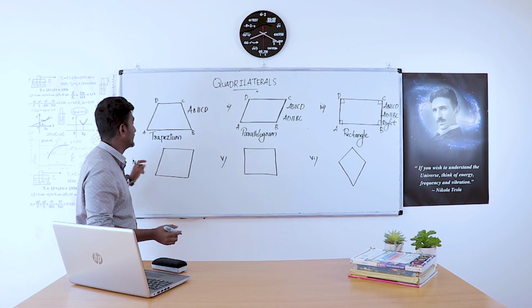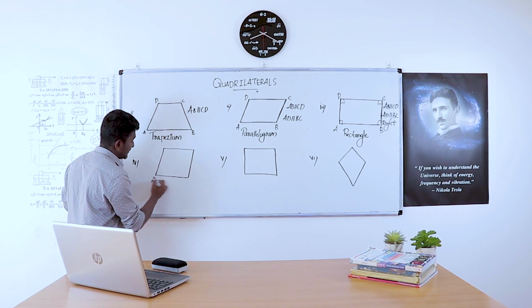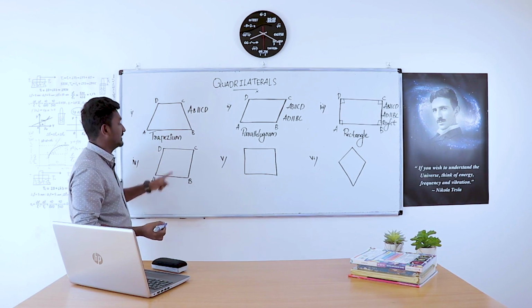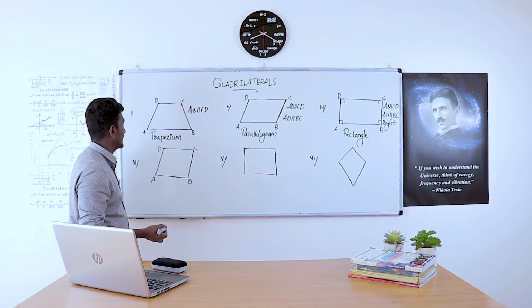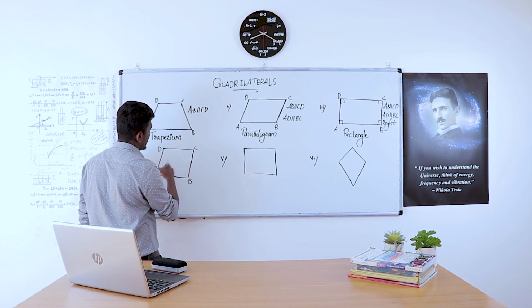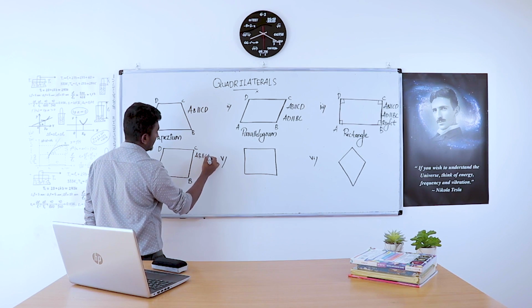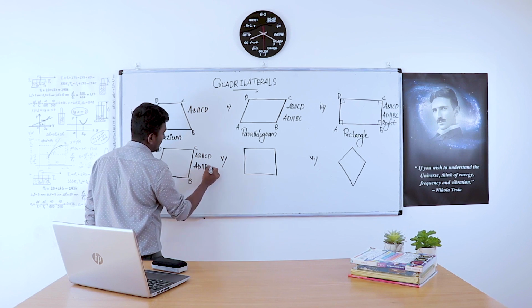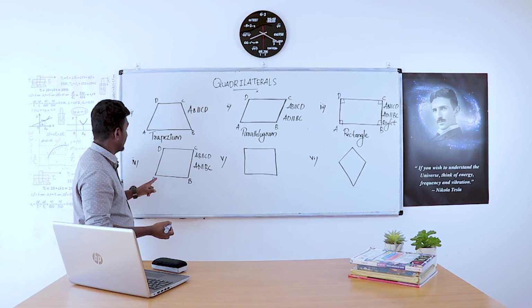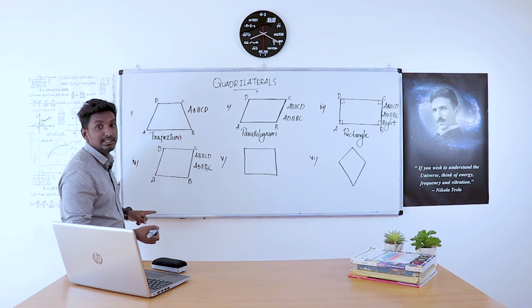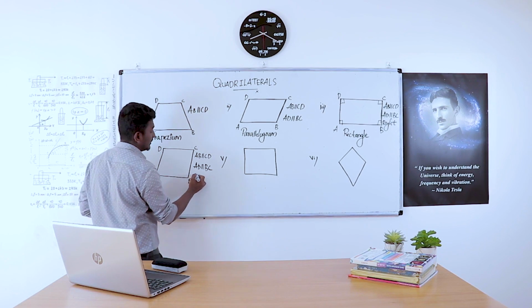Now look at the fourth figure. We can name it with the same names A, B, C and D. What is the feature of this? Here we can say that opposite sides are parallel. That means AB is parallel to CD, and AD is parallel to BC. Any other feature? Here AB, BC, CD and DA, that means all four sides are equal.